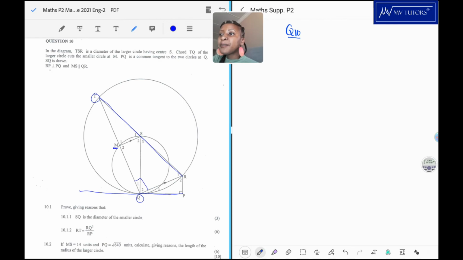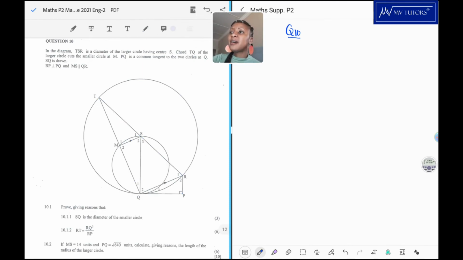RP is perpendicular to PQ, so we have a right angle triangle there. Then MS is parallel to QR. So if Q here is 90 degrees, then M1 should also be 90 degrees, and M2 will be 90 degrees too, angles on a straight line.